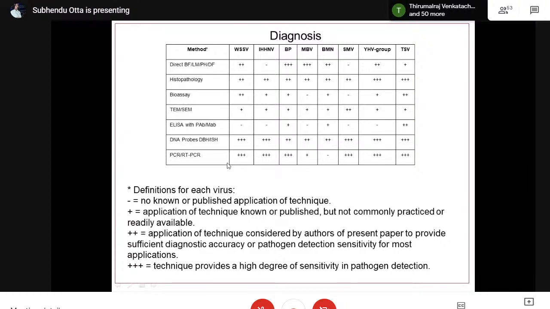All these methods have been well established to diagnose the virus. Sometimes light microscopy is used to detect NPV occlusion bodies, and it was very helpful. So from the field side itself, you can decide whether the larvae are infected by virus or not.